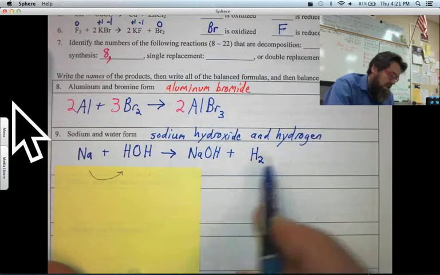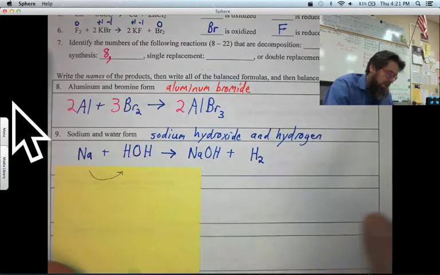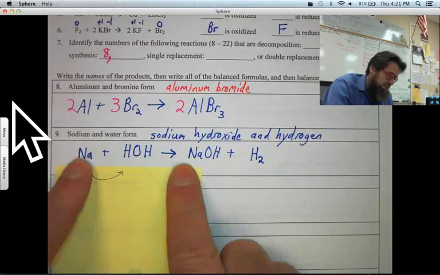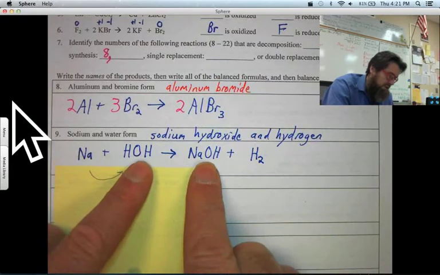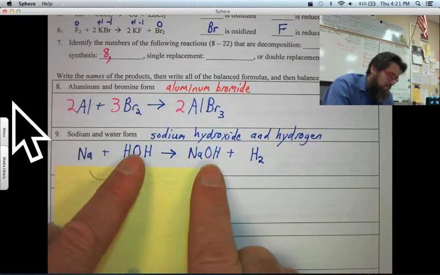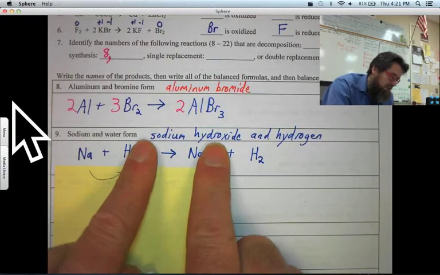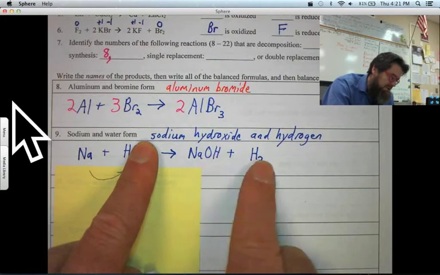And now we need to balance. So let's see, 1 sodium, 1 sodium, 1 oxygen, 1 oxygen. If we treat the OH as being there, we've got 2 hydrogens left over here with 1 here.